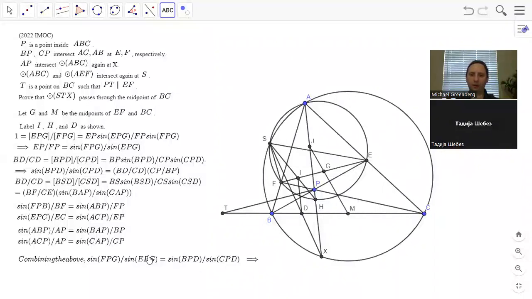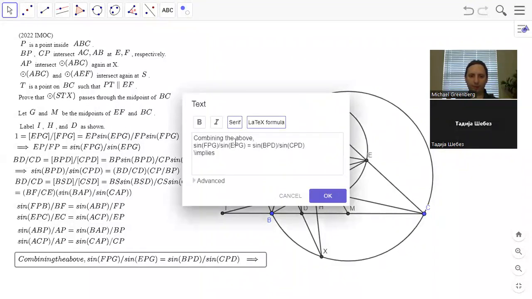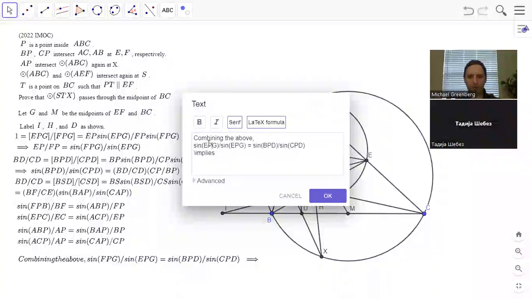Oh, you're right. So yeah. This means that G, P, and B are collinear.